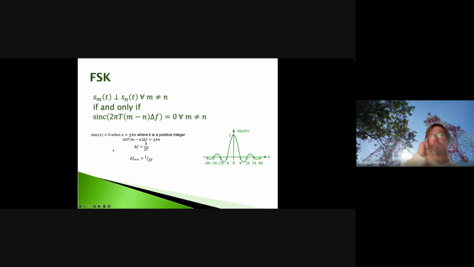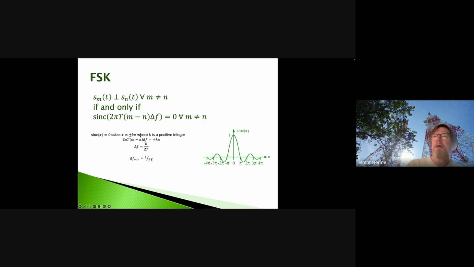So the sinc x equals 0, where x is plus or minus k pi, where k is any positive integer, right? So by putting a plus and minus sign out here and saying it's a positive integer, we're kind of excluding 0, but still accounting for the plus and minus versions of those, right?